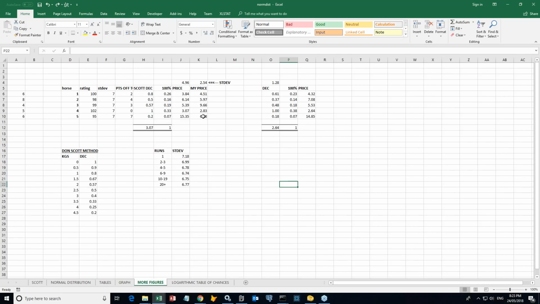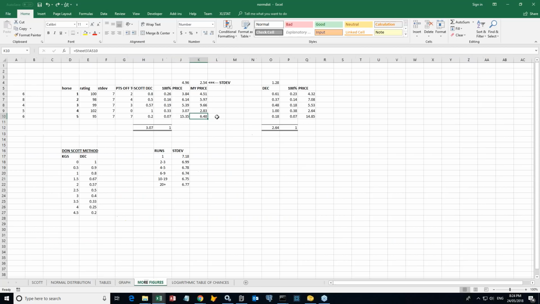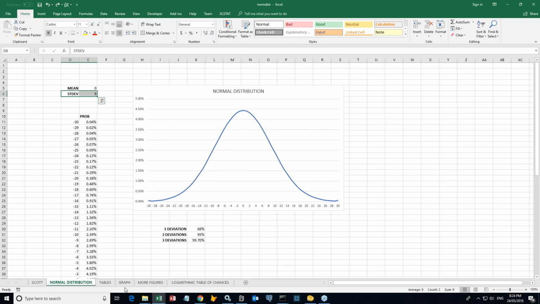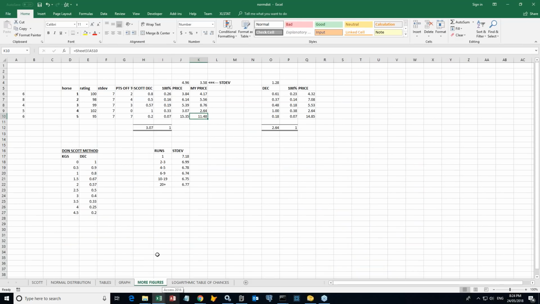This is interesting. This guy who was a longer shot with his standard deviation of 10, what do we got him at? 10. He actually comes in because he's got a greater chance of doing a high rating. He's got a rating of 95, but with a standard deviation of 10, that means he could be doing up to 105. He's got a greater probability of doing these high ratings now. So he actually trims up. If we put him back down at 7, he goes out to $11.50 from his $6 something.